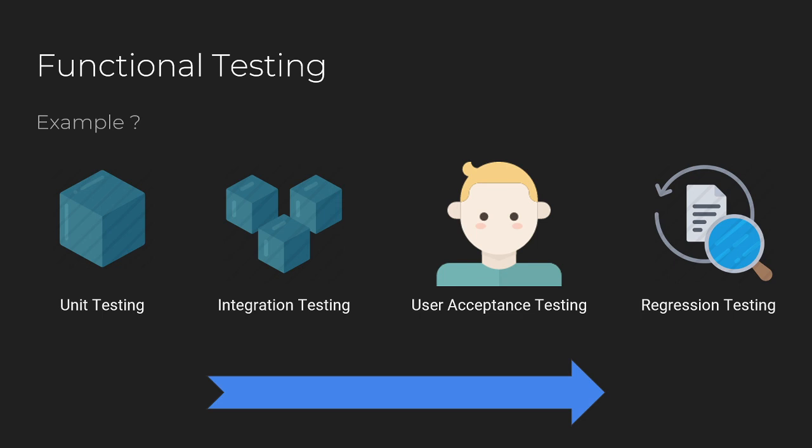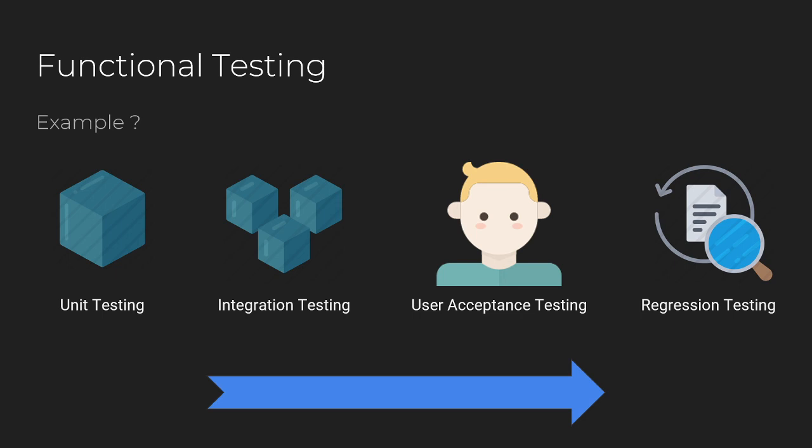Moving on, we have user acceptance testing, or in short, UAT. UAT is more about checking the initial requirement from the client. So we want to make sure that after the integration testing, the feature is working properly, has no error, and works seamlessly.